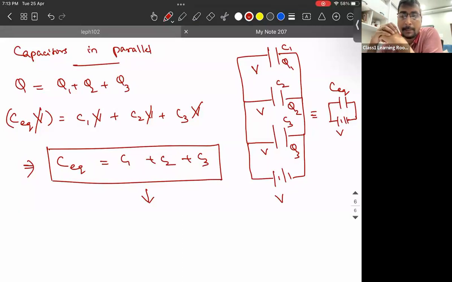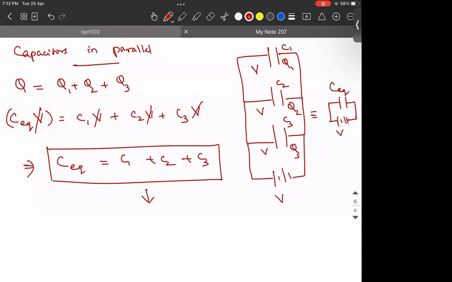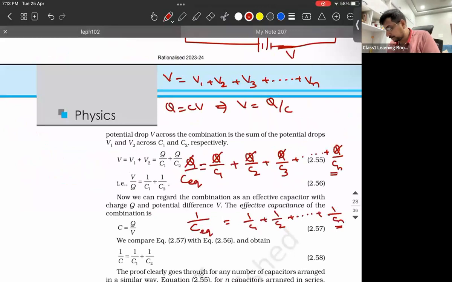What about parallel? C equivalent will be equal to C1 plus C2 plus C3 plus so on until Cn. Clear? Yes, sir. So based on this, let's solve a problem and see.